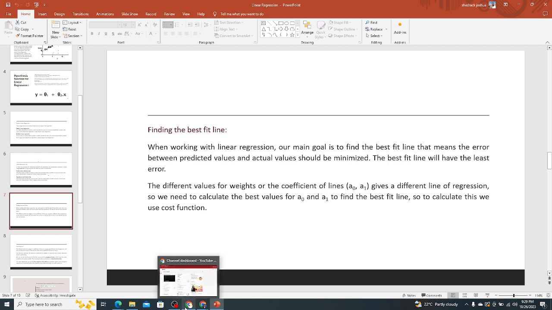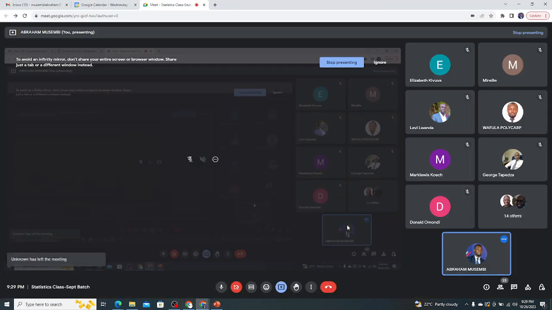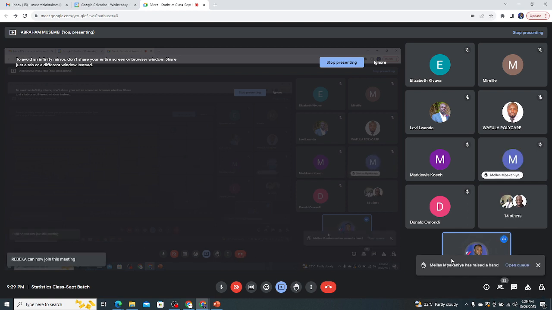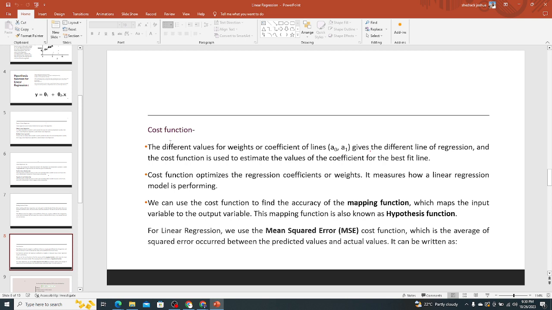Any question up to that point? Because I want to do the last slide now and maybe we will close for today. Next week, Monday, we may talk about how we can optimize this model.